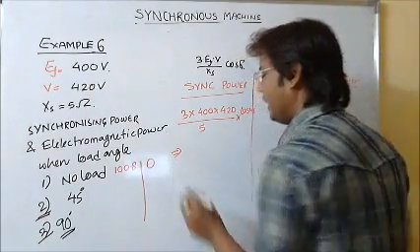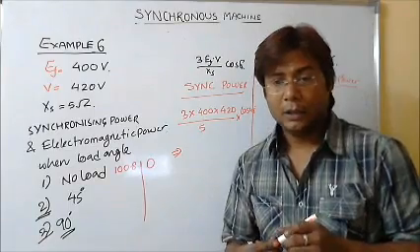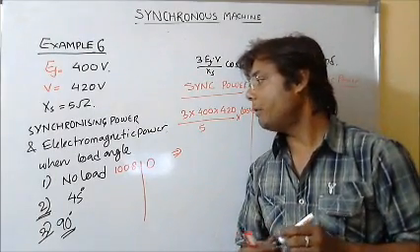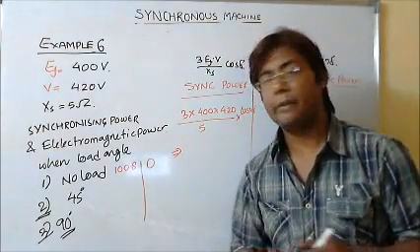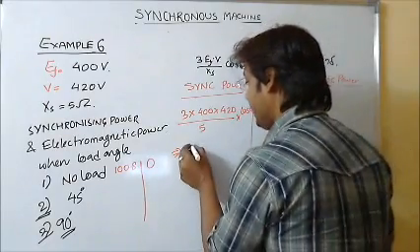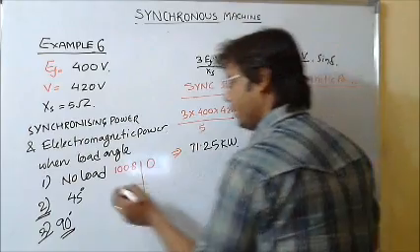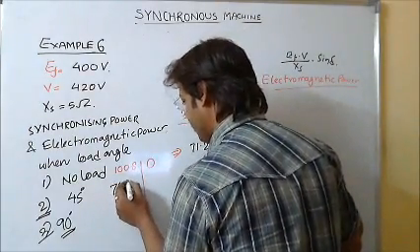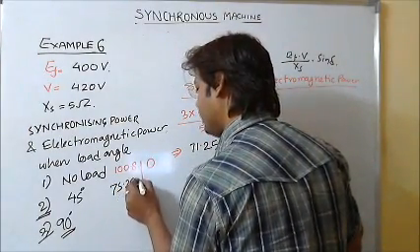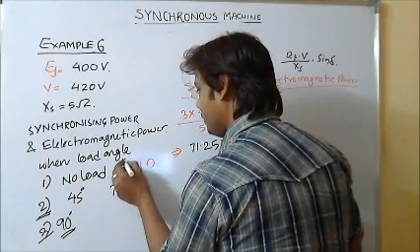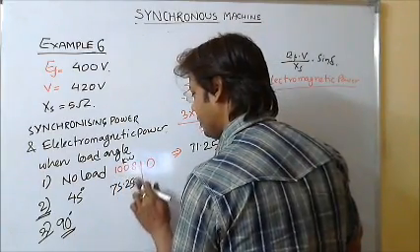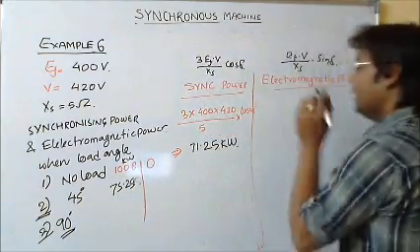After solving this, I can get the synchronizing power when delta is 45 degrees as 71.25 kilowatts. So I can write 75.25 kilowatts here. Everything is in kilowatts.